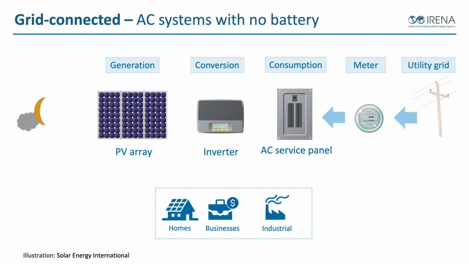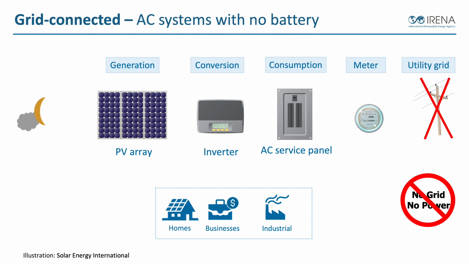Because there's no battery, it's not a backup power system. So it needs to be interconnected with the utility grid to operate. If we're in a place with a reliable utility grid, then a system like this may be the cheapest way that we can generate solar electricity and could have the best return on investment, because we don't have to buy the additional cost of the energy storage system.